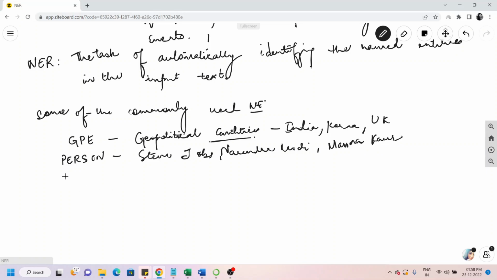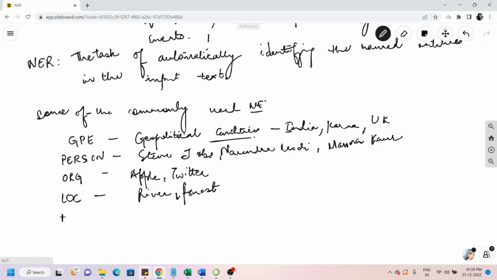We have organization, like Apple, Twitter, which is now taken over by Elon Musk. So Elon Musk is a person as an entity. We have location, LOC, like river, forest, such kinds of locations are represented as LOC.